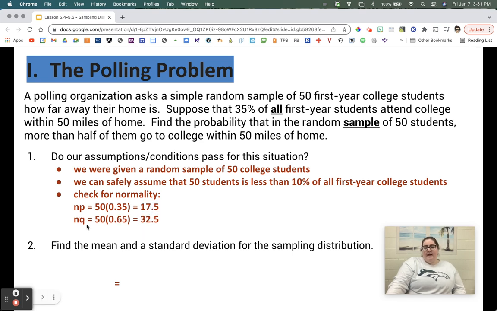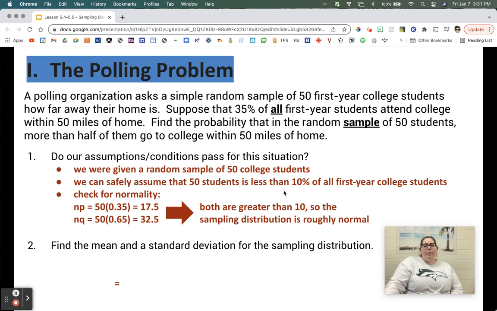It does. Then we check n times q, where q is just 1 minus p, so 0.65. 50 times 0.65 is 32.5. Both of those are greater than 10, so our sampling distribution is in fact roughly normal.